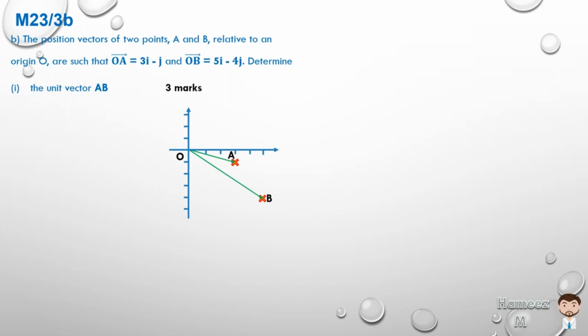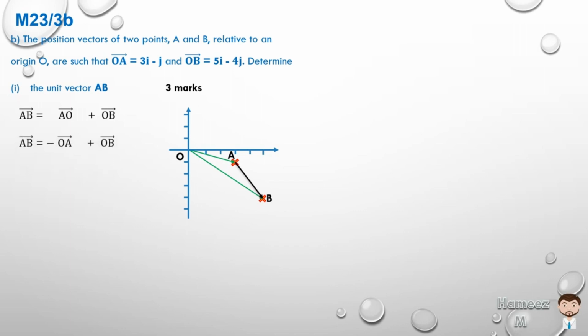Determine, part 1, the unit vector AB. So let's draw a line from A to B. If we want to go from A to B, we can pass from A to O plus O to B. So we have that equation for our vectors. We don't actually have AO, but we have OA. And what's the difference? One is the negative of the other, so we can replace it.